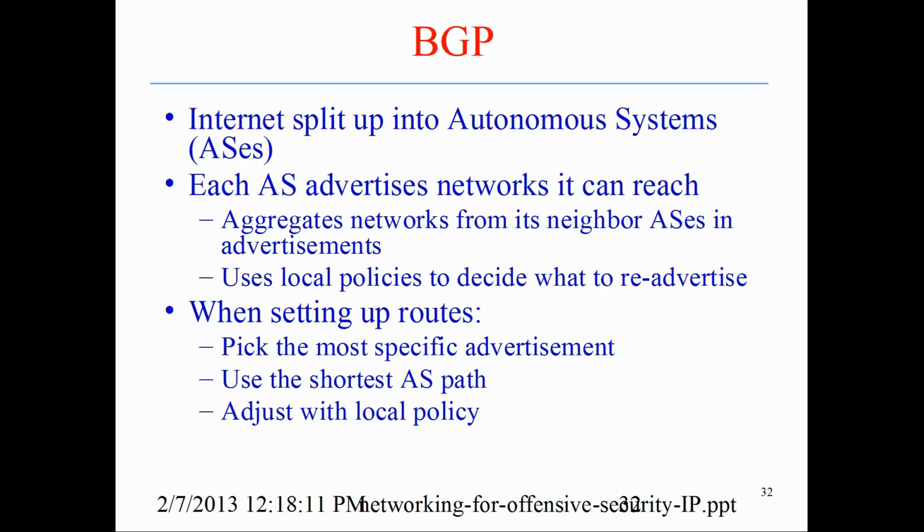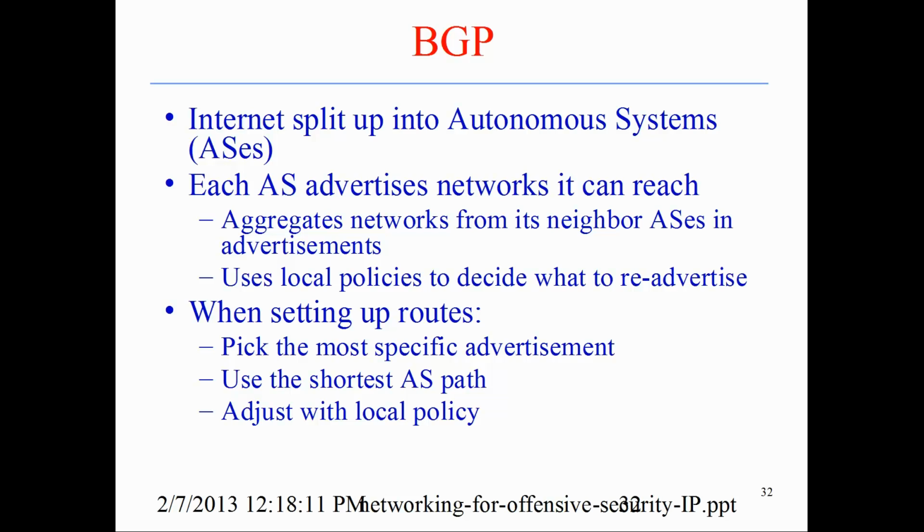And the internet is effectively split up into autonomous systems, and each autonomous system advertises the networks that it can reach. And this information is aggregated from the neighboring autonomous systems.